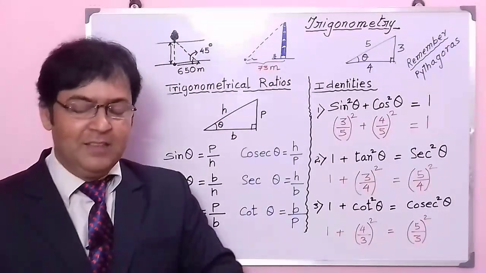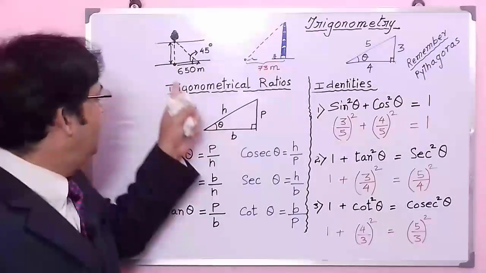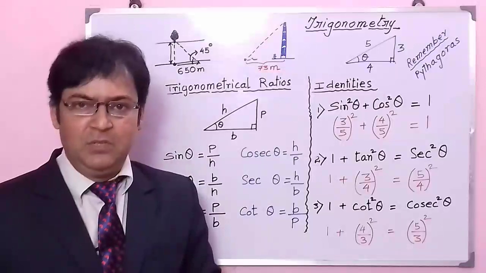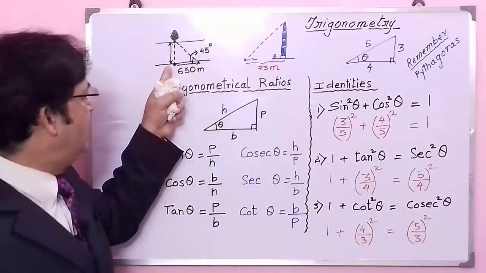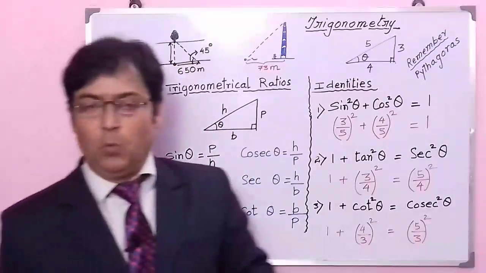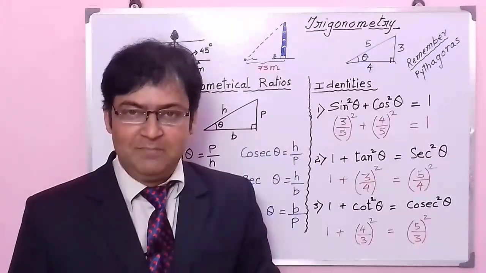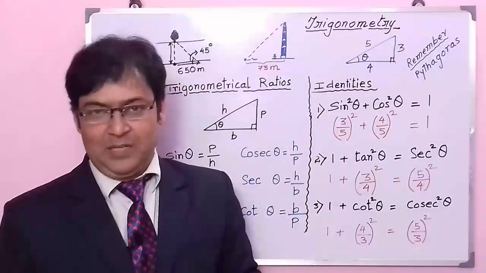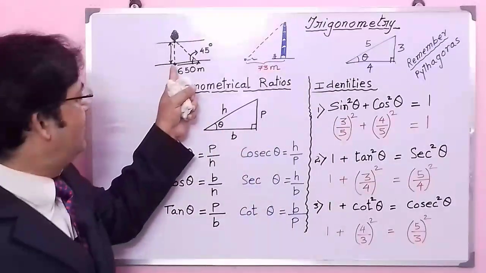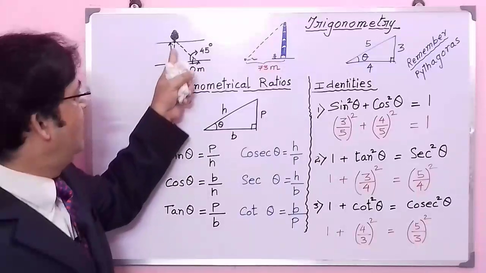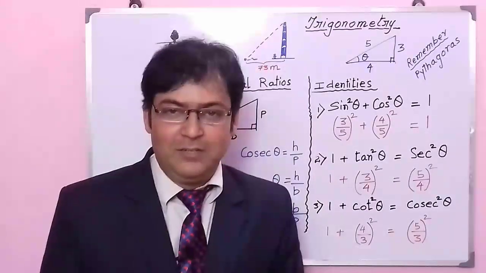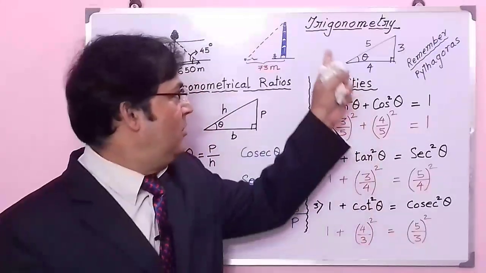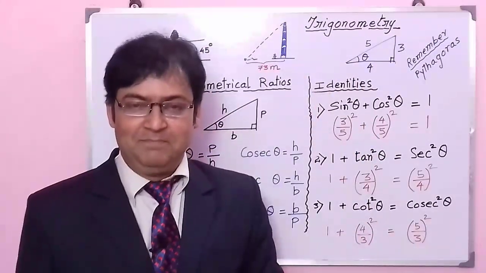Now if he has walked 650 meters away from his initial position, what is the width of the river? We can say that if this is 650 meters, this will also be 650 meters. Using the concept of trigonometry.